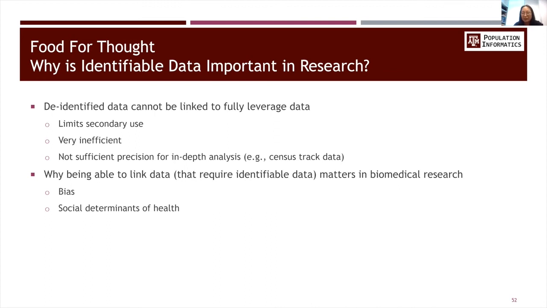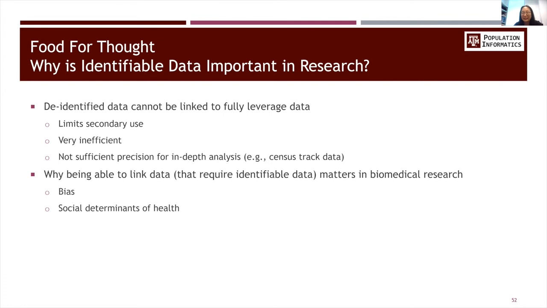So especially when you're trying to do research, the more you de-identify your data set, the more you aggregate your data for privacy, you are losing precision in your data, and that has costs. So here are some of the things that you want to think about.